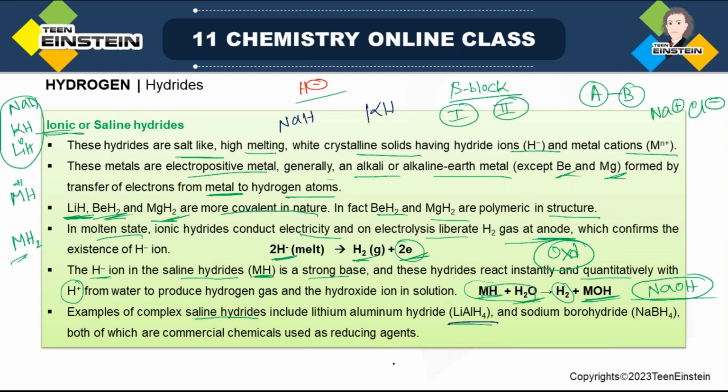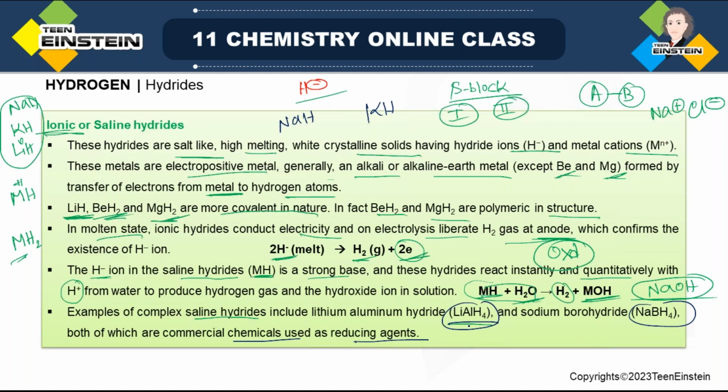We call it a complex saline hydride, lithium aluminium hydride, sodium borohydride. These are commercial chemicals used as reducing agents. These are basically not a direct example of ionic or saline hydride, but from ionic and saline hydrides these compounds can be produced.